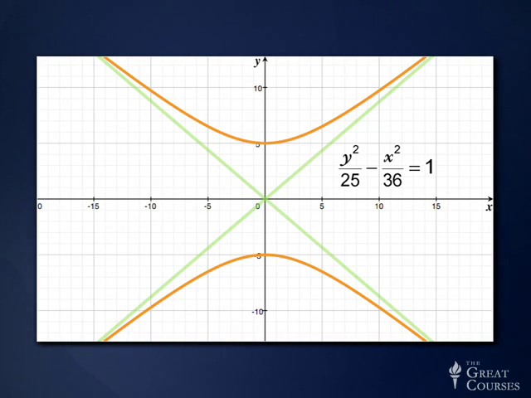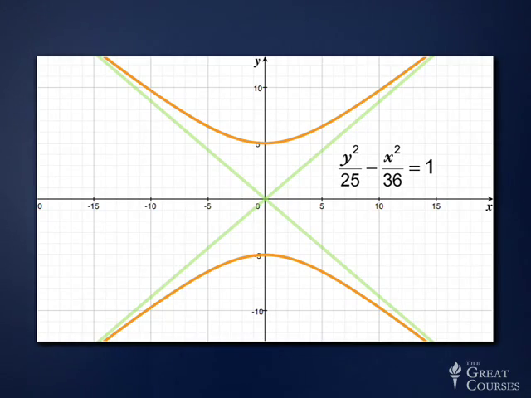They're not going to touch those asymptotes, and they're not going to cross those asymptotes as you get ready to draw the ends, but they're going to get very, very close to them so that the branches of the hyperbola actually get pretty flat looking by the time you've drawn them out at the edges.